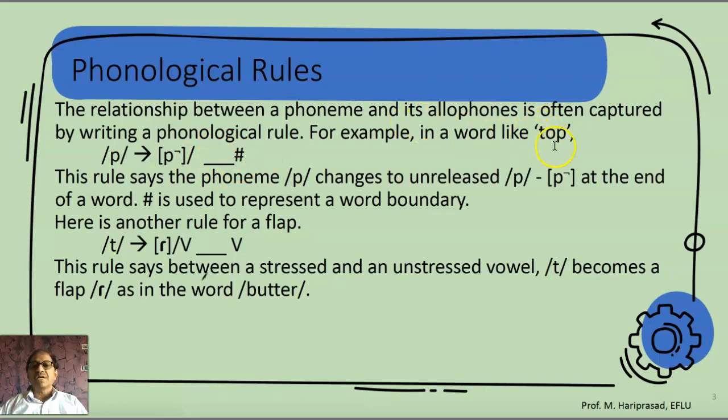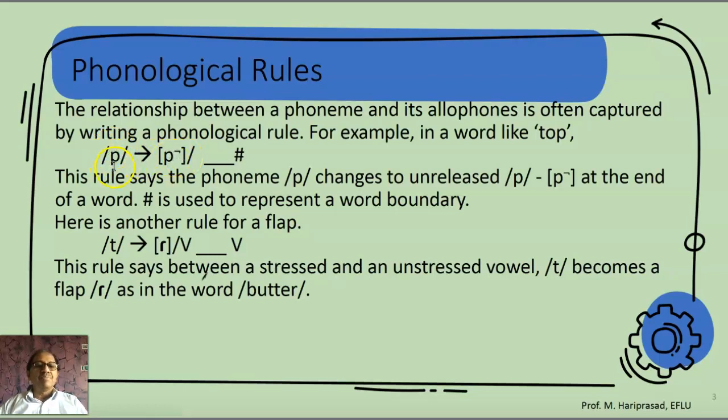For example, if you take a word like top, you can pronounce it with p released, that is, you open the lips after producing p, or you can even produce the sound without releasing air at all. You can say top, that is, you don't release. You can also say top, right? You release. So when you don't release, it is p with a mark like this, right? So this is an allophone.